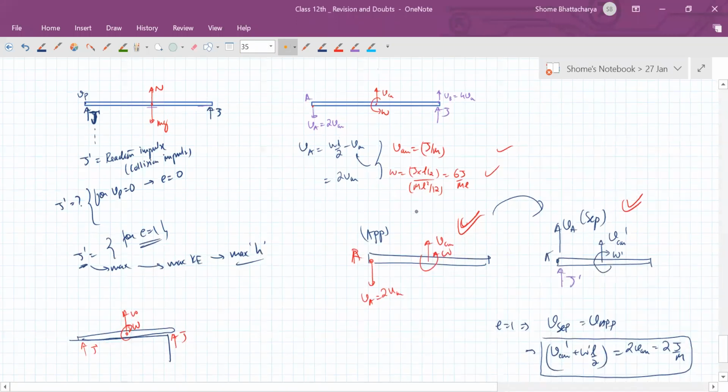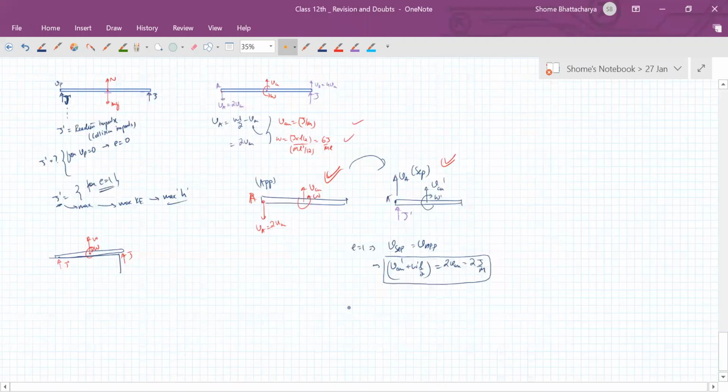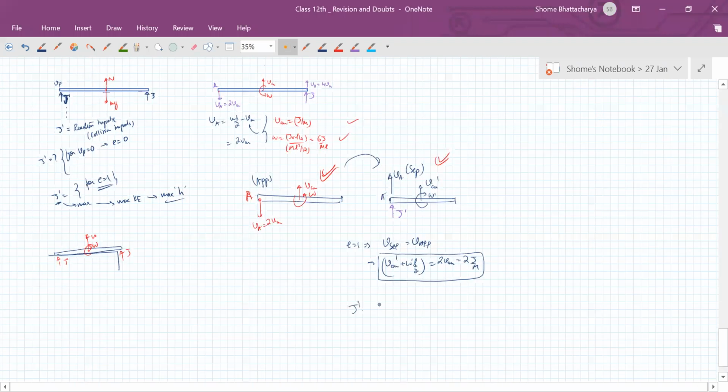Okay, so now we'll have a new set of equations. J prime is equal to M VCM prime minus VCM, or J prime plus M VCM is equal to M VCM prime. So J prime plus J obviously is equal to M VCM prime.